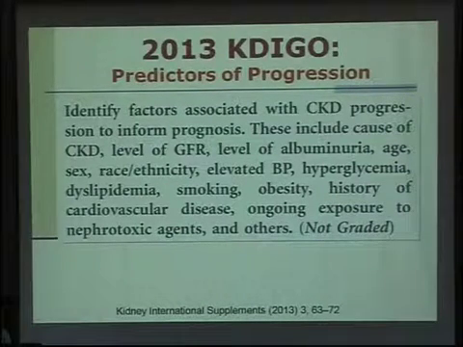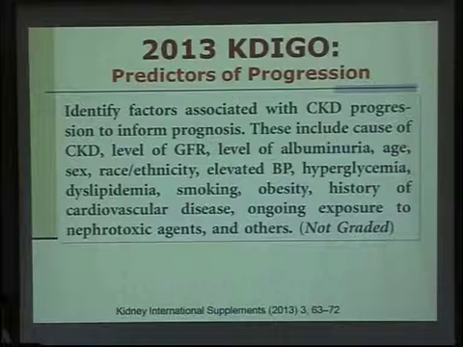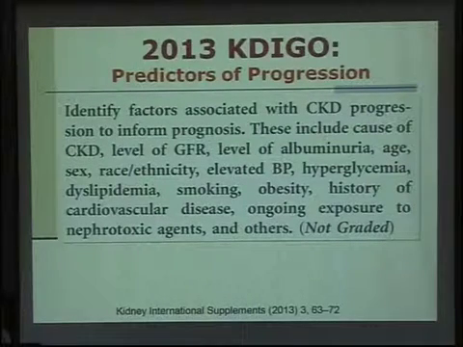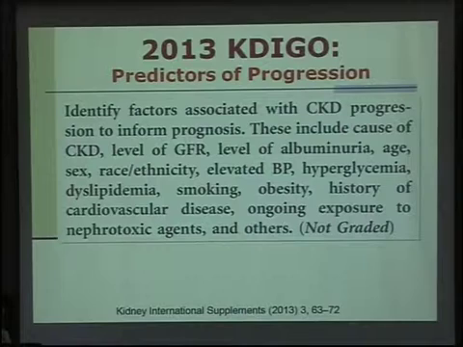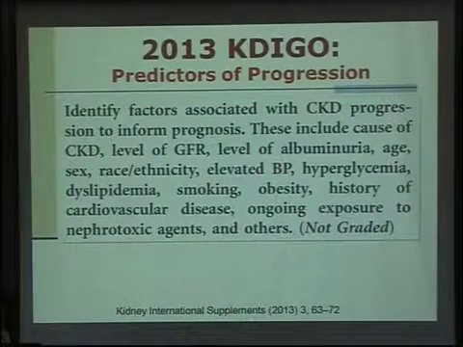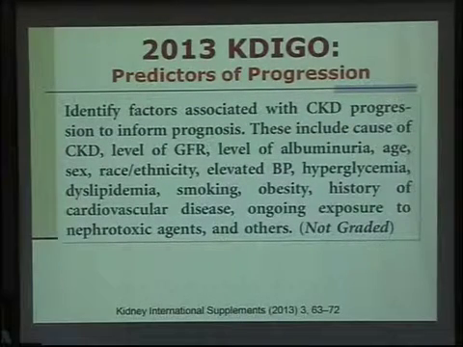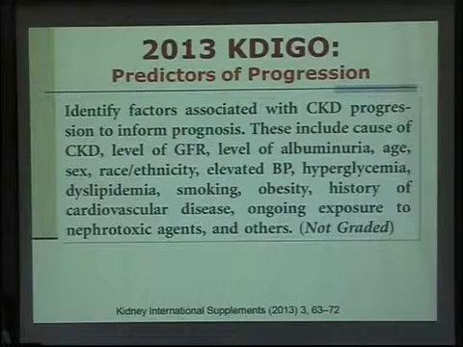Because we cannot prevent what we cannot predict. So the predictors include age. Is age a modifiable factor? No. So we cannot work with age. Gender. We cannot change male to female and female to male. So all these are irreversible factors. But our intelligence is to search for modifiable predictors or modifiable risk factors.